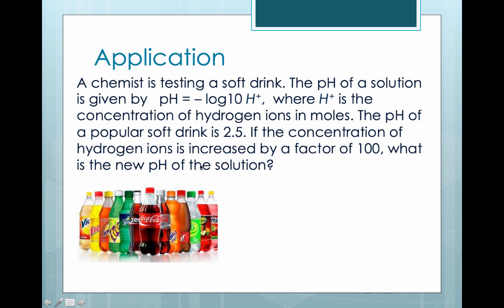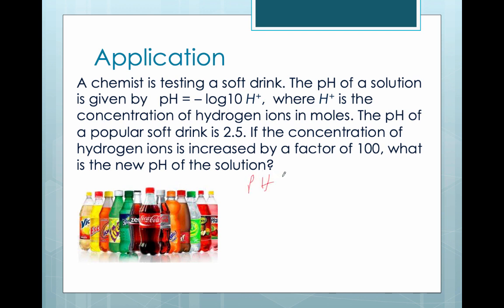So if the pH is 2.5, so we're going to have, is this 10 supposed to be a base? I think it's supposed to be a base. I think this is a bad question. I think this is supposed to be base 10, and I don't think that this is written correctly. So I think what it was supposed to be was this.